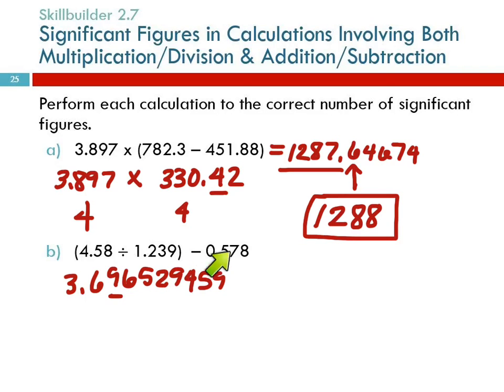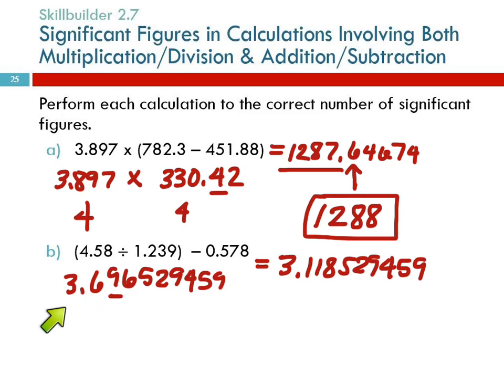Then we're subtracting this number. So I'm going to subtract that, 0.578. And my calculator is giving me an answer of 3.118529459. Subtracting, we have to look at decimal places.